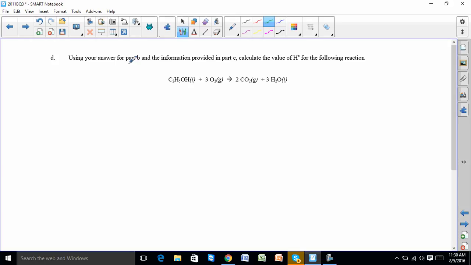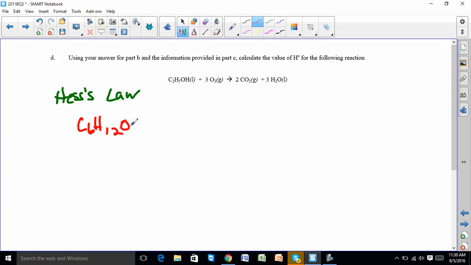Finally, using your answers for part B and part C, calculate delta H for the following reaction. Okay, so this is interesting. I get such a kick out of this. This is a Hess's law problem. So here's the deal. I'm going to do all kinds of equations. I'm dropping physical states.